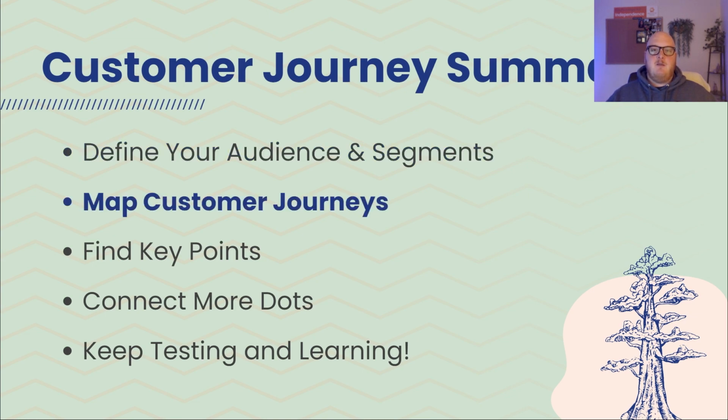Next part, just map that journey. See what it looks like. Make your customer journey tree. Understand where your different aspects are and what is pulling in and what is being the largest aspect as far as conversions. Maybe we'll see what the biggest brand awareness is. You're definitely going to focus on different aspects depending on your business, where your business life cycle is, and where your industry is. There's a whole lot of factors there, but just map that out. Understand where people are coming in.